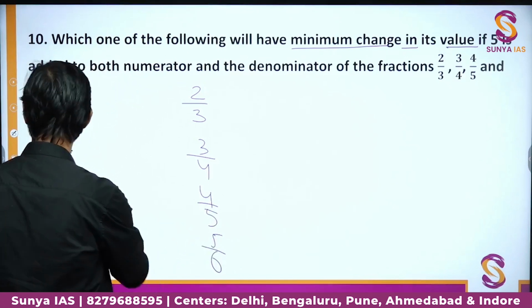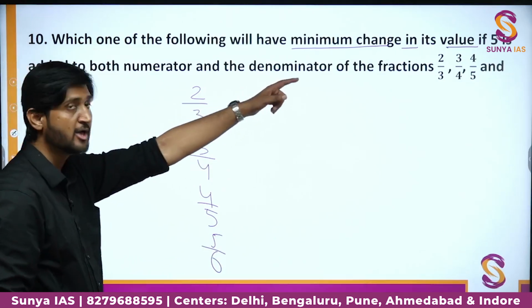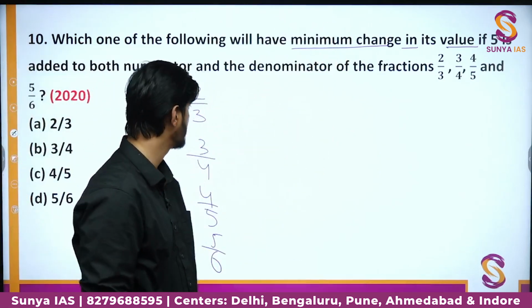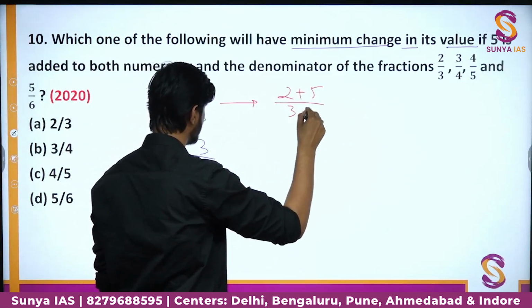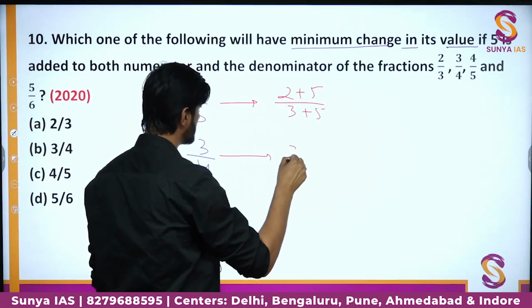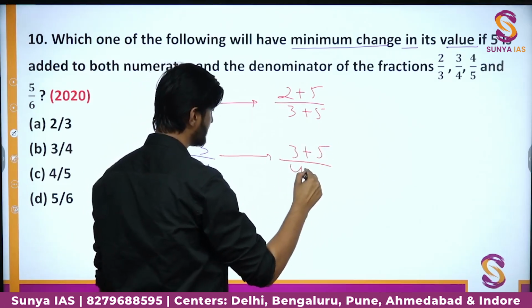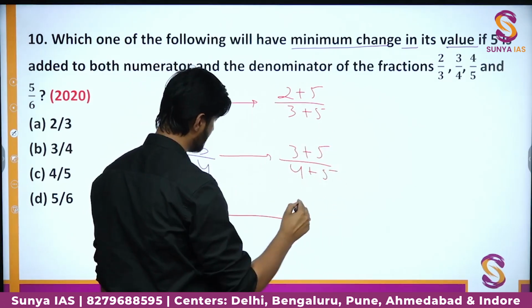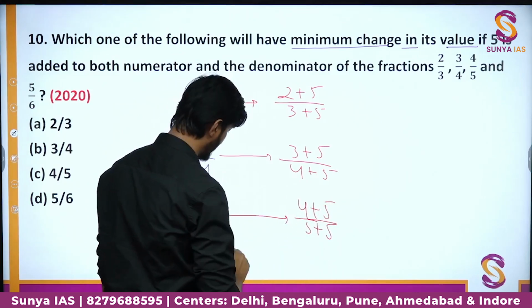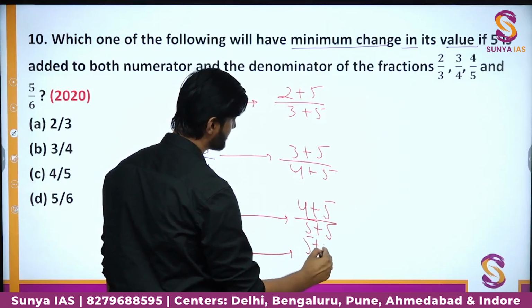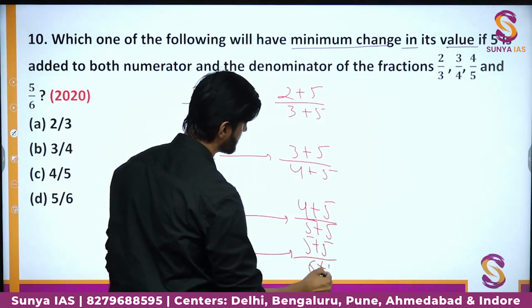Now, we have to add 5 in both the numerator and denominator. Here we will have 2 plus 5 by 3 plus 5. Here we will have 3 plus 5 upon 4 plus 5. Here we will have 4 plus 5 upon 5 plus 5. And finally, here we will have 5 plus 5 divided by 6 plus 5, right.